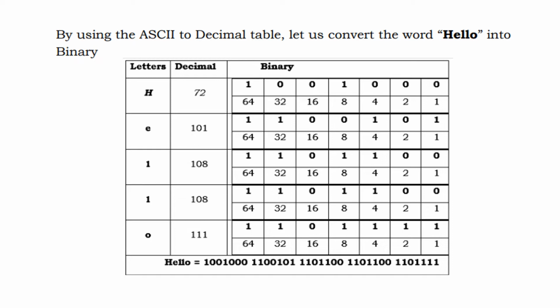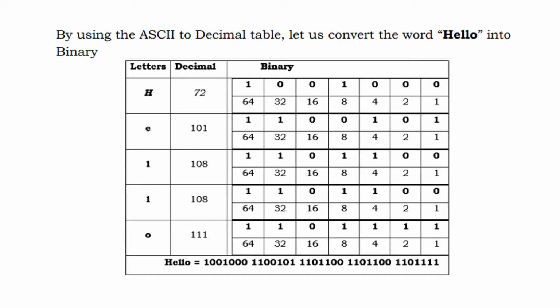Let's use the calculator. 72 divided by 2, 36 is the answer. So, our remainder is 0. 36 divided by 2, our answer is 18. Remainder, 0 again.